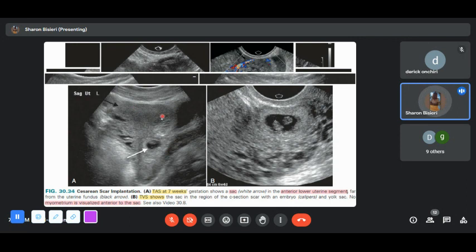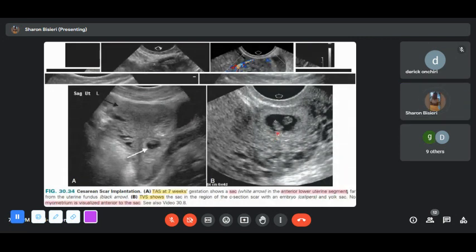If you follow the anterior uterine wall, you have this anechoic structure, which looks like a gestational sac, but a transvaginal ultrasound was performed to further characterize it, and they were able to see that these structures have a thick echogenic rim.